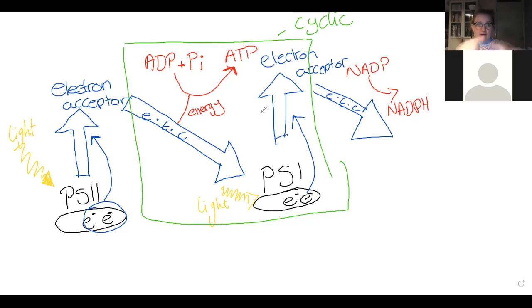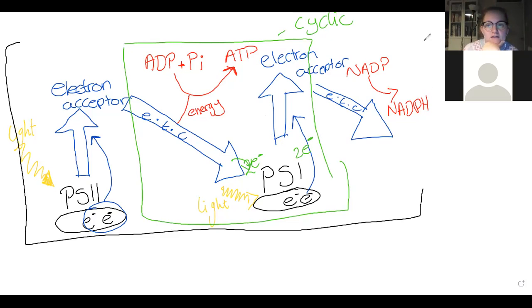It's constantly having electrons replaced via this electron transport chain: every time two electrons are lost up here to this electron acceptor, a new two are replaced. That's why it is cyclic. This whole other part we've drawn is non-cyclic.